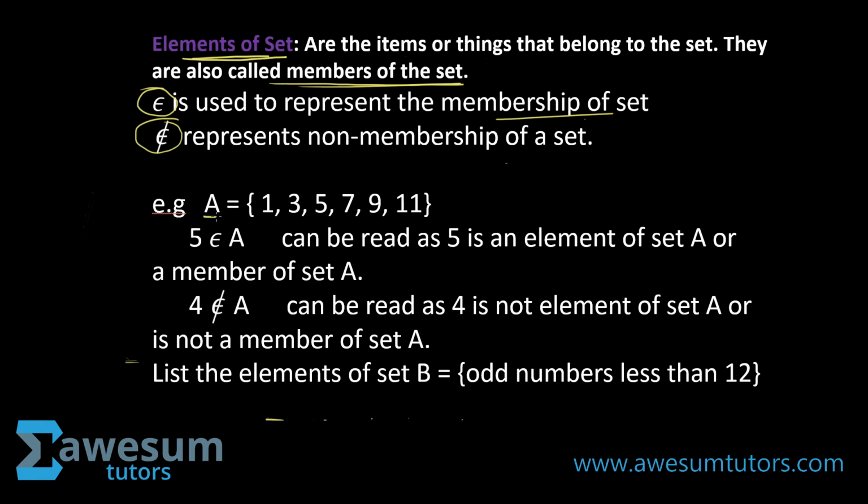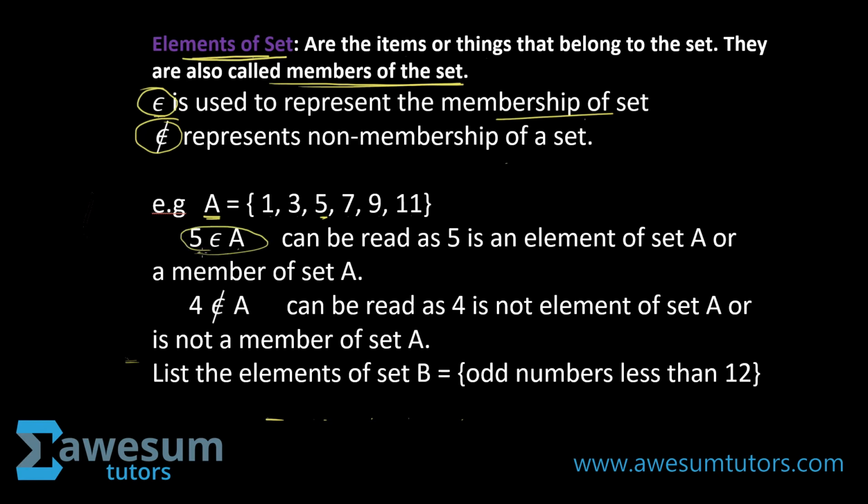Let's say we have a set A with 1, 3, 5, 7, 9, and 11 as the members. Remember, we said elements of a set are the items or things that belong to the set. So if you take a look at this, 5, you put the symbol I talked about right here, then you put A. What does this mean?